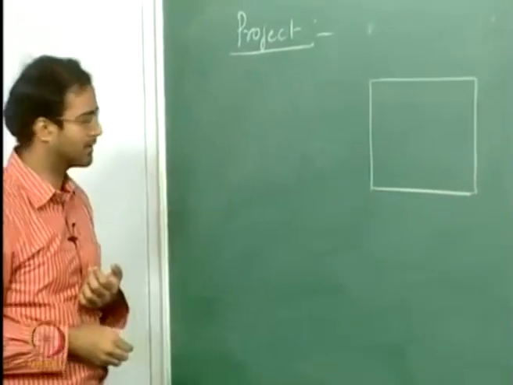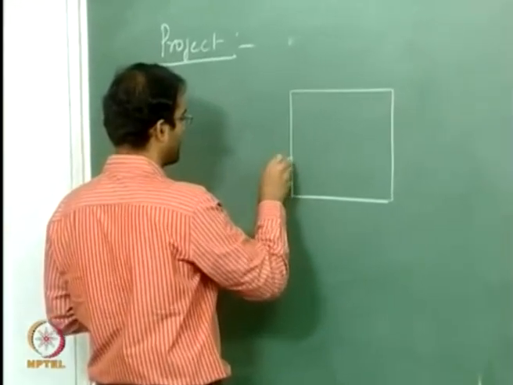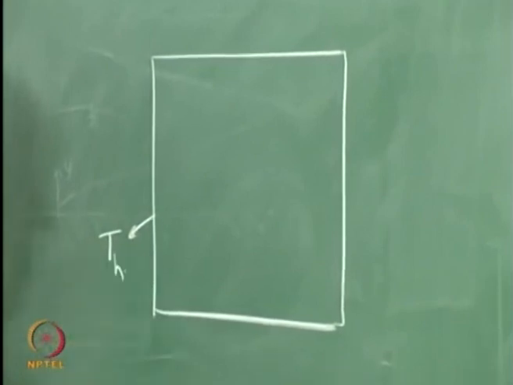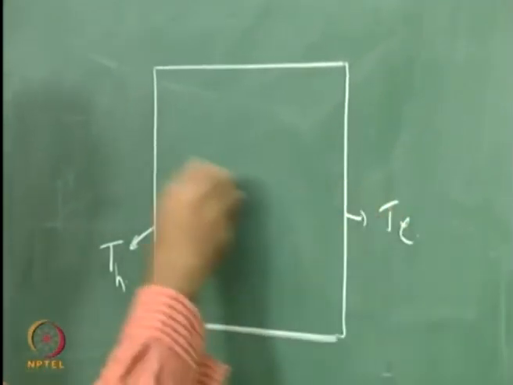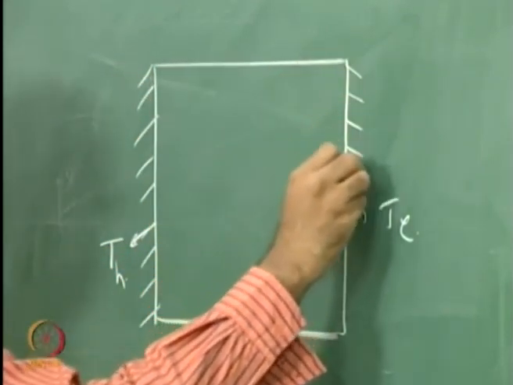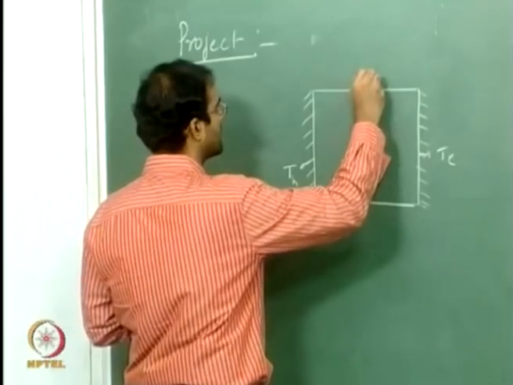It can have any aspect ratio, and you can consider that the left hand wall of this cavity is given some temperature, higher than the right side temperature. So this is a heated cavity, and the top and bottom walls are insulated.